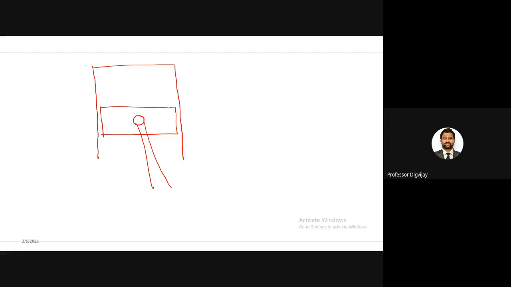Then this is your top dead center, TDC, and somewhere here is your BDC, bottom dead center. As you can see, the cylinder's top is here, so this is your cylinder head. But the piston can only go up to this position, TDC. It cannot reach the top of the cylinder.